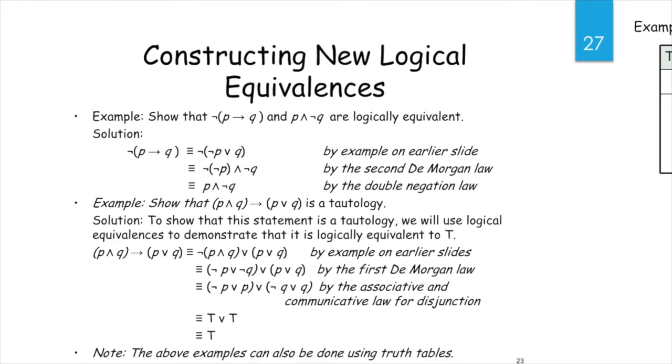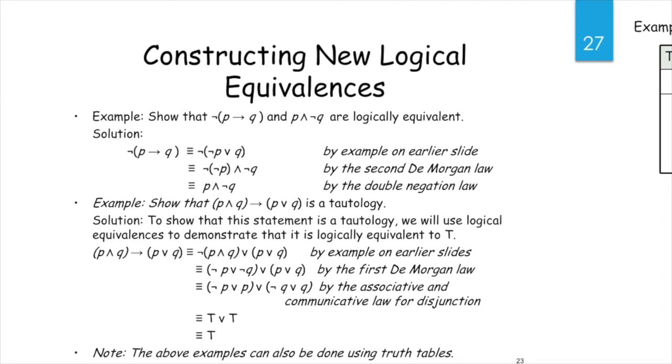So every time you see parentheses, give them high priority. You need to get rid of them first. And now, once we put the negation inside the parentheses, we have not P, and the OR becomes an AND, not Q. Now, not not P is what? It is P, using the double negation law.